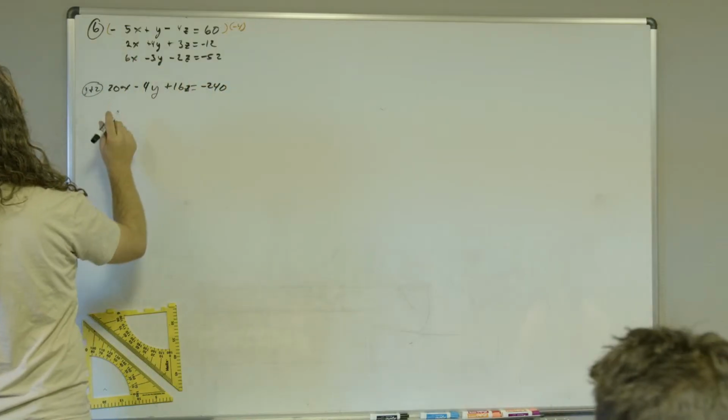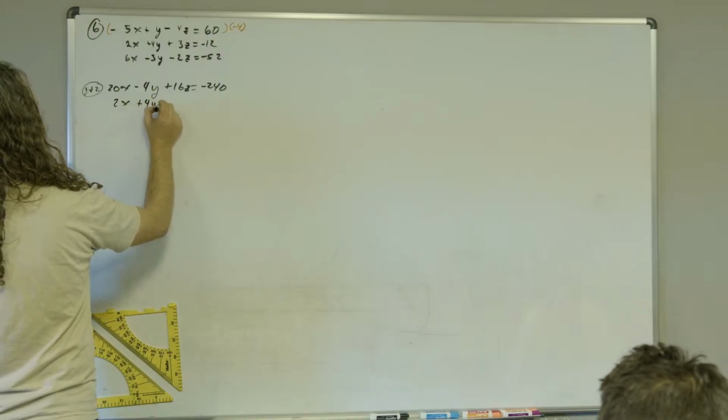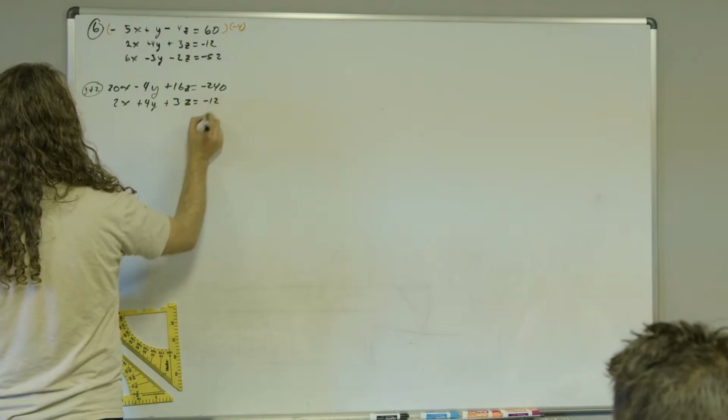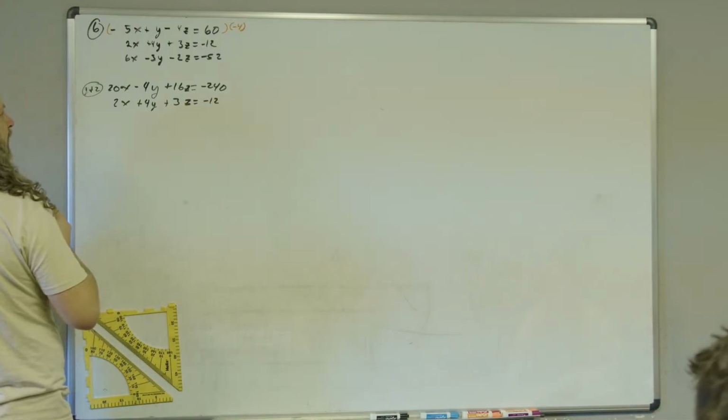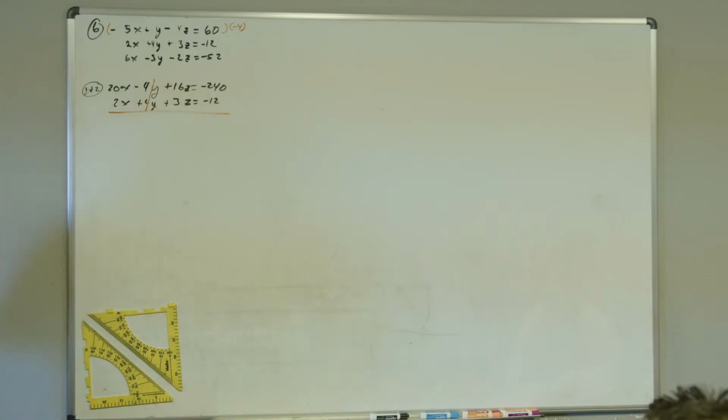And then we'll just write down the second one, right? So 2x plus 4y plus 3z equals negative 12. Then we're going to eliminate, right? The y's go away because negative 4y plus 4y is 0y, which is 0. 20x plus 2x is what? 22x.